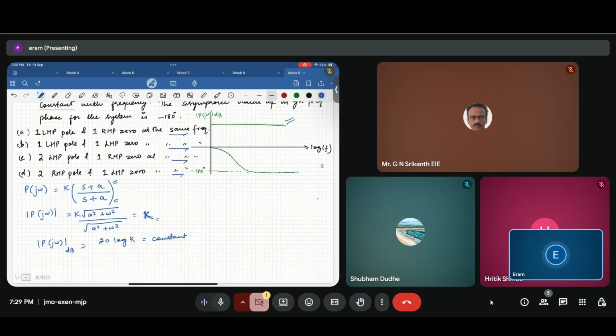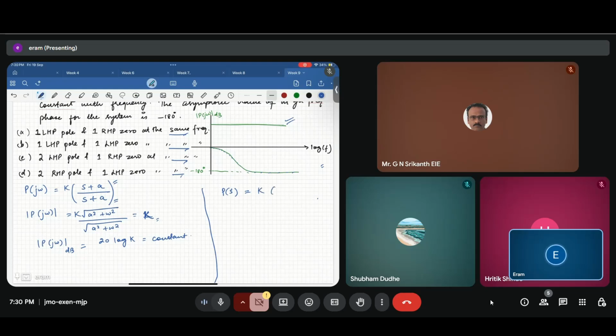Can we have an uneven number of poles and zeros, like two poles and one 0? We cannot have two poles and one 0, because if we have two poles, we can have a transfer function of this form.